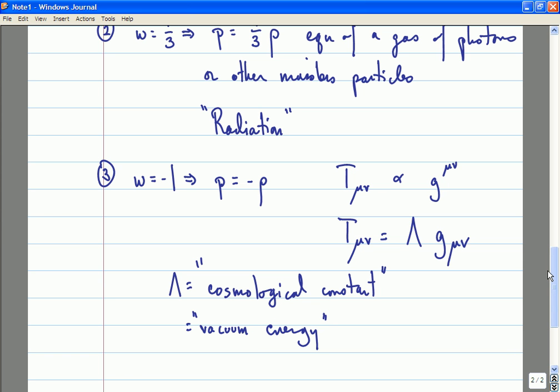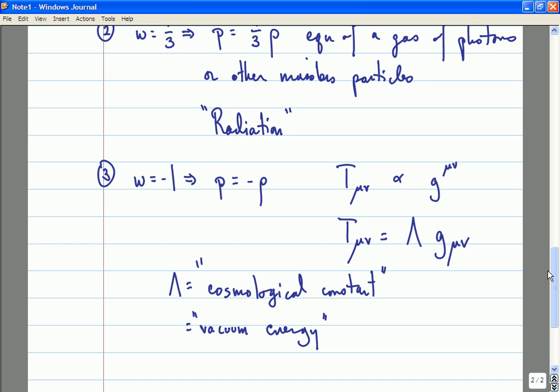The current best model of the universe is the so-called lambda CDM model, where, as you probably have heard, the visible matter that we see around us accounts for only 4% of the total matter in the universe. The other 96% has to be accounted for in some other way. The abbreviation lambda CDM stands for lambda, as I have drawn it here, and CDM standing for cold dark matter.